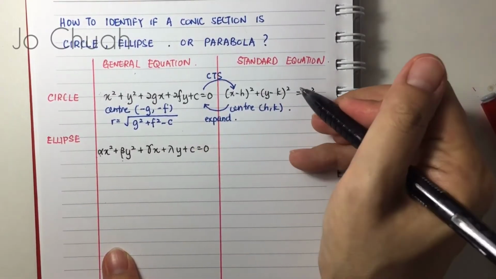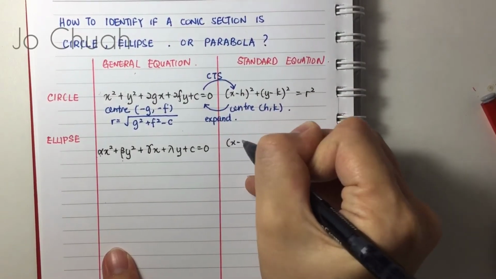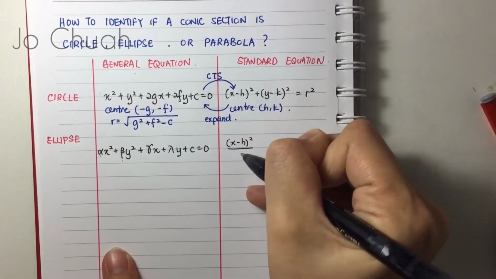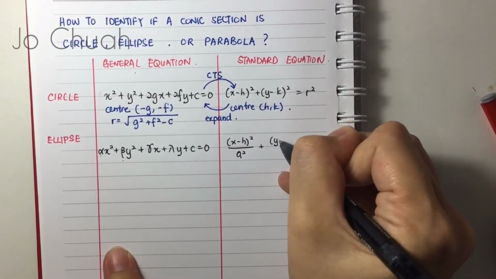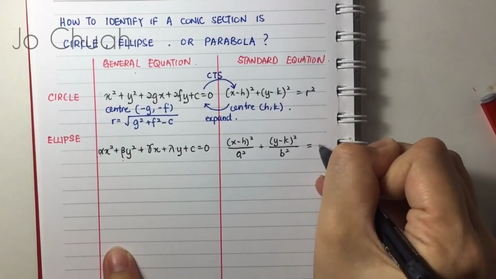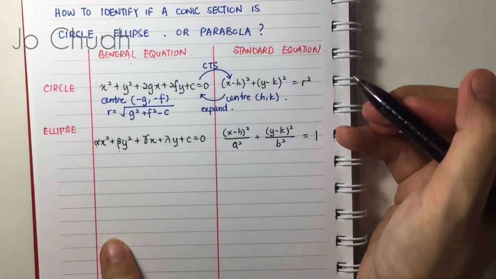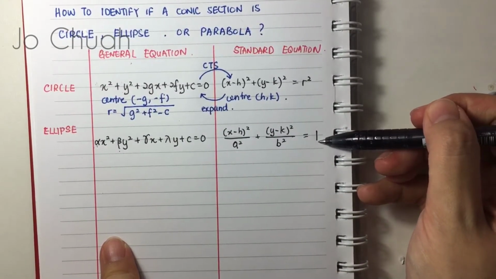The standard equation for an ellipse will be (x minus h) squared over a squared plus (y minus k) squared over b squared equals 1. So for you to get an ellipse, the right-hand side must equal 1.